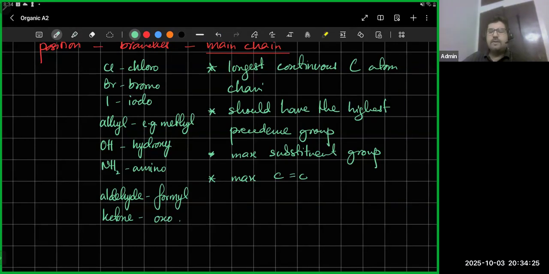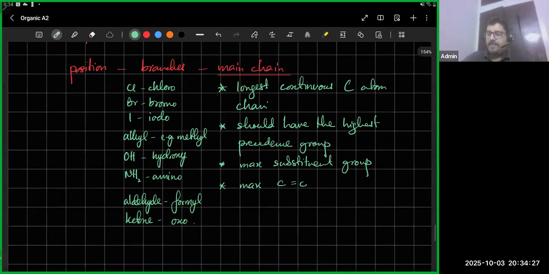Okay. If you're not naming it based on the aldehyde or ketone, and if they're considered branches, or if they're not the suffix, then these are the words that are going to be used.